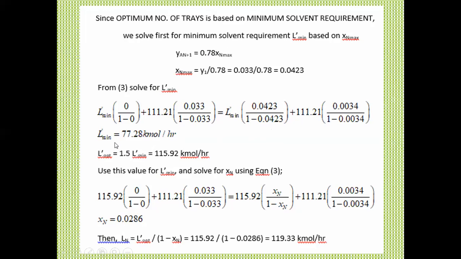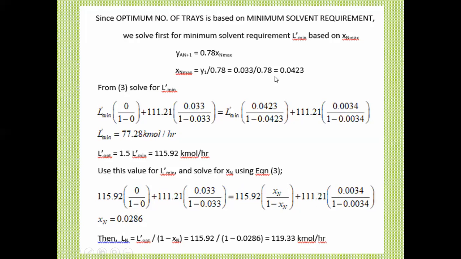Now, the problem is asking for the optimum number of stages. That way, we need to solve for the L optimum. So our L optimum is 1.5 times the L minimum. So what we do, we multiply this by 1.5, giving us 115.92. Now, using this value of the L optimum in lieu of the L prime minimum here will lead us to determine the actual X sub n, the actual X sub n that will leave the column.